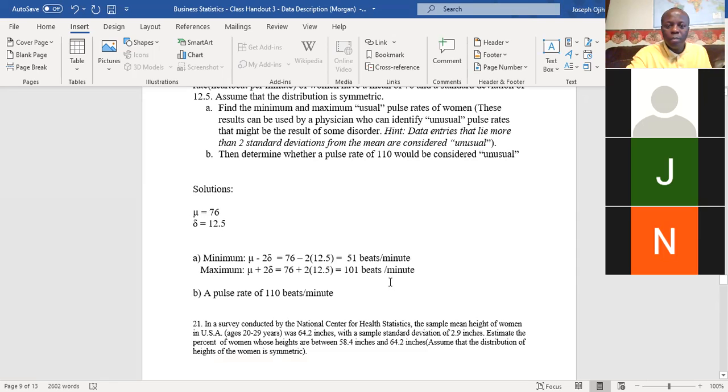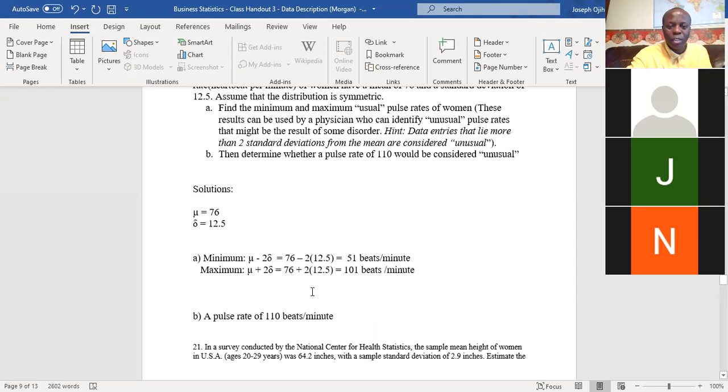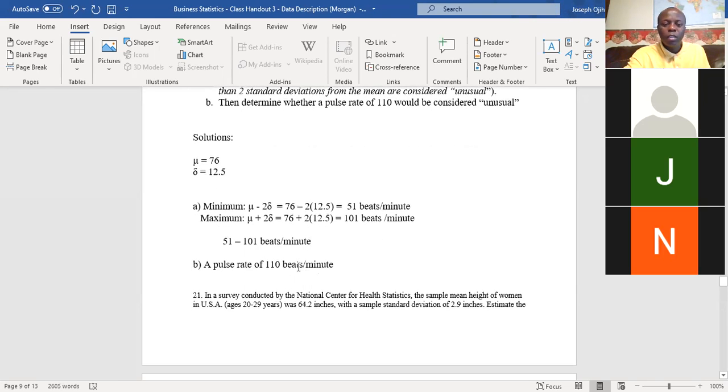The answer in part A shows that the normal range is 51 to 101 bits per minute. And this 110 falls outside. It is bigger than 101. So that pulse rate is unusual.